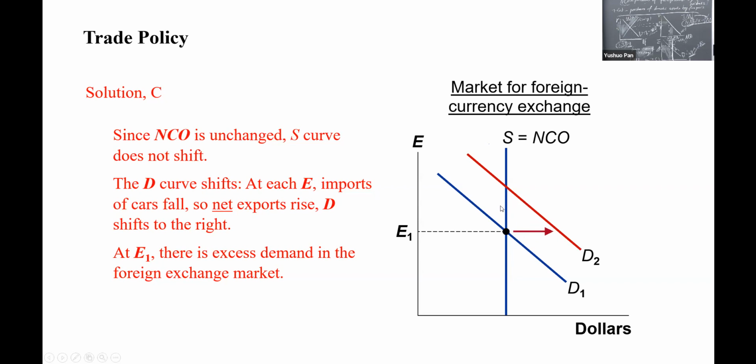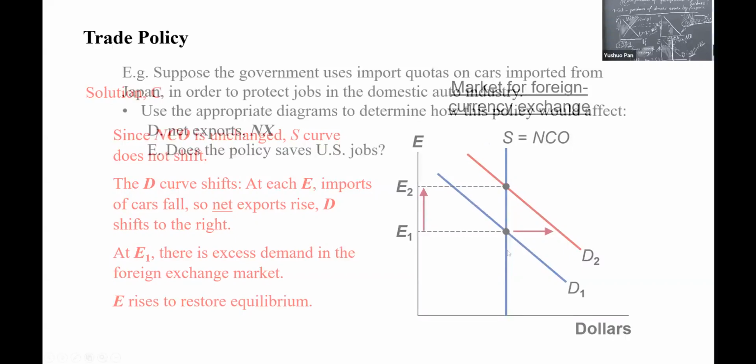NCO will always equal NX, right? So that's the new equilibrium. So E rises to restore equilibrium. The net exports will go back to the previous level because the exports will decrease because of the higher exchange rate.